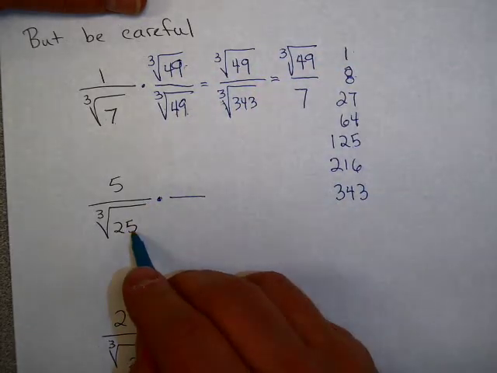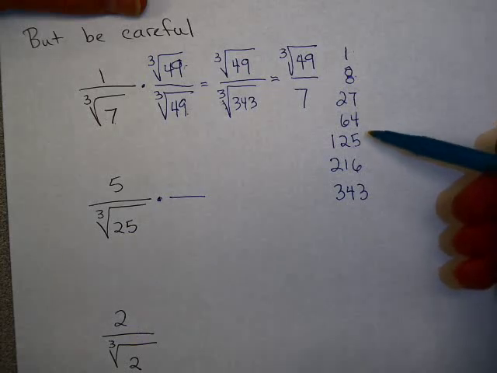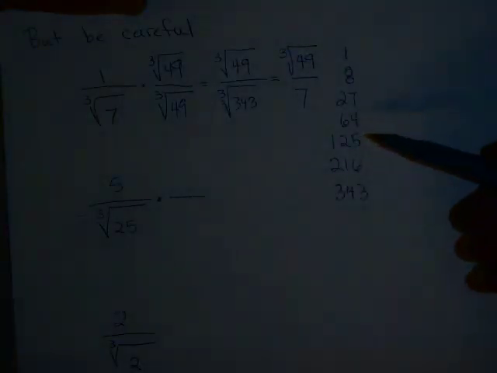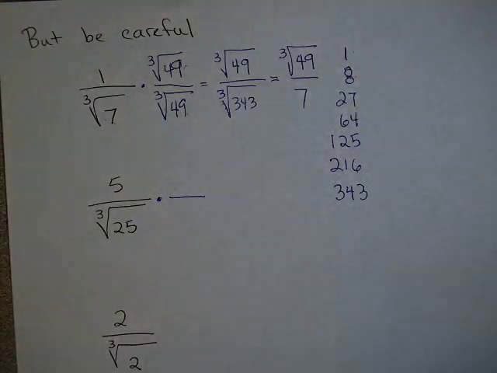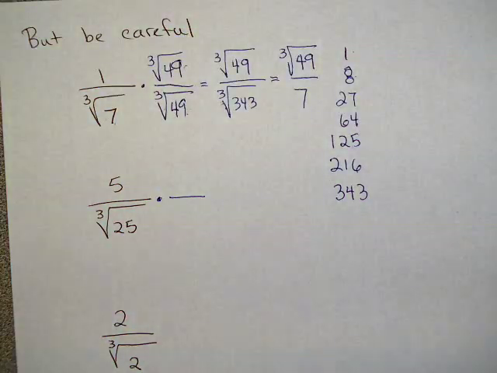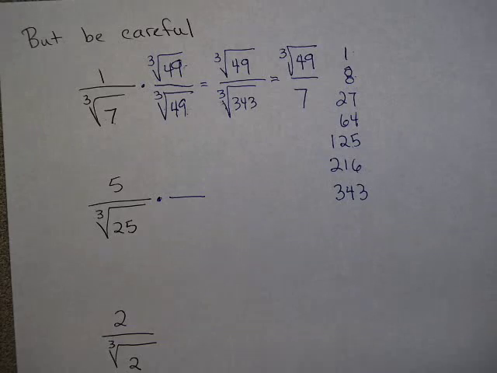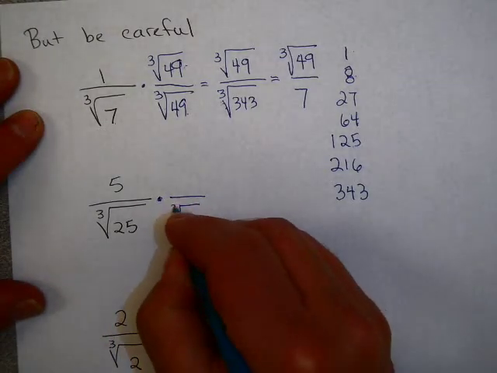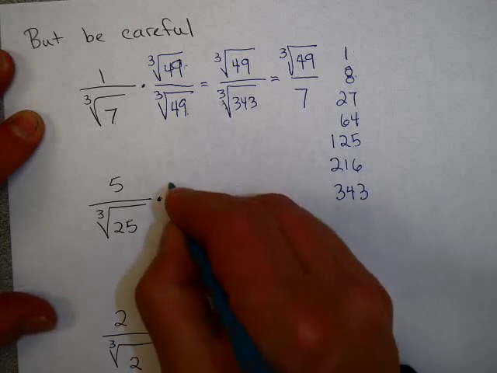Now, what about 25? I'd like to get one of these numbers that is a perfect cube here. And you'll notice that 25 goes into 125. And 125 is 25 times 5. So I'm going to multiply the top and bottom by the cube root of 5.